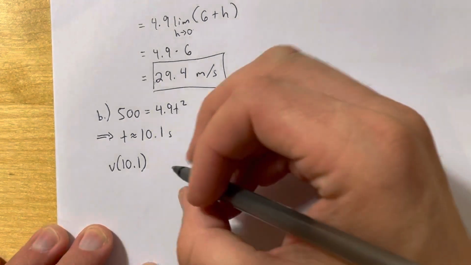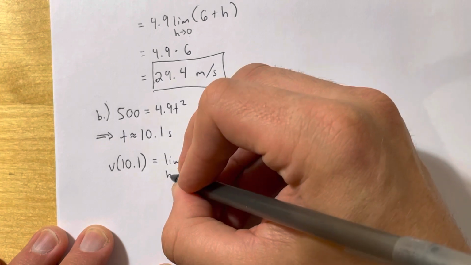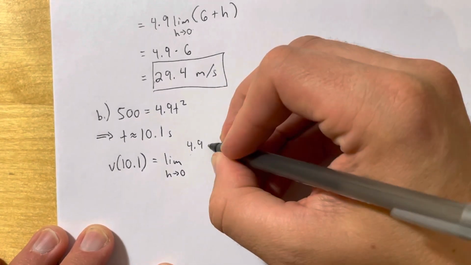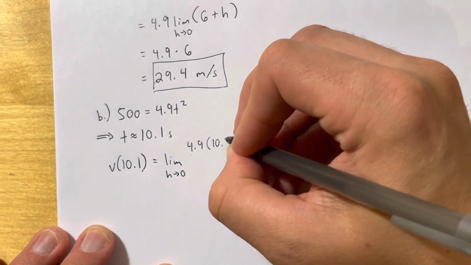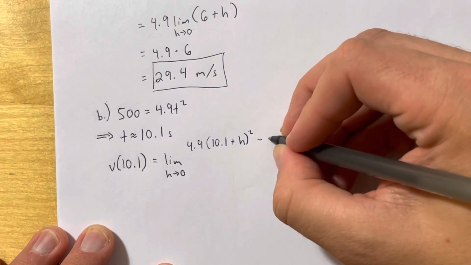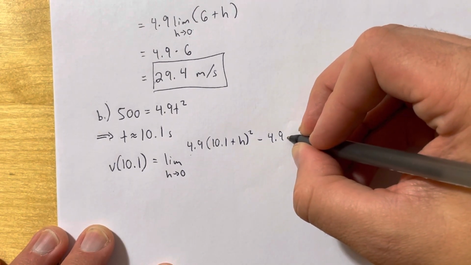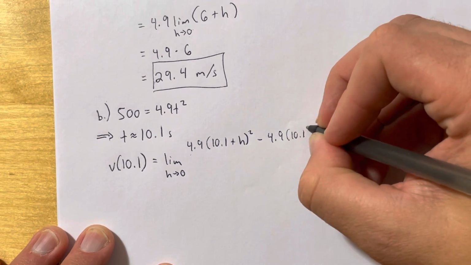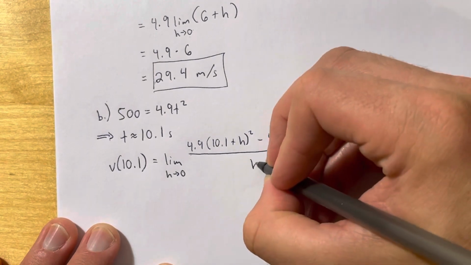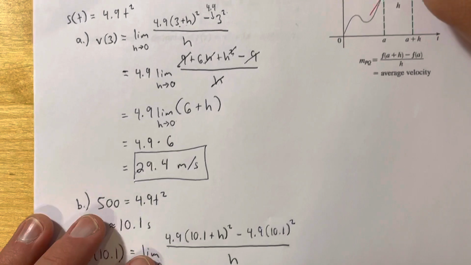So v of 10.1 would be equal to, using my velocity formula up there, the limit as h approaches 0 of 4.9 times (10.1 plus h) squared minus 4.9 times 10.1 squared, all over h.